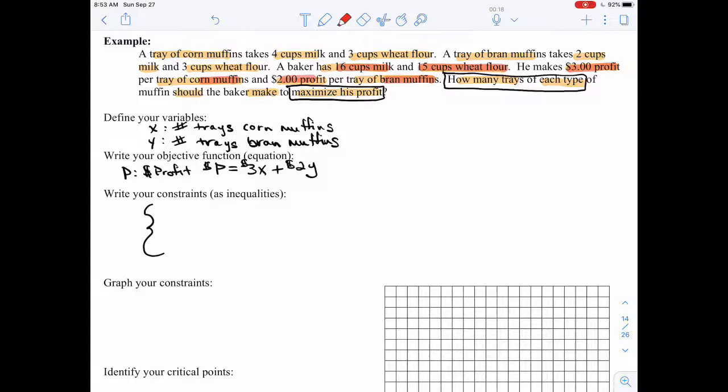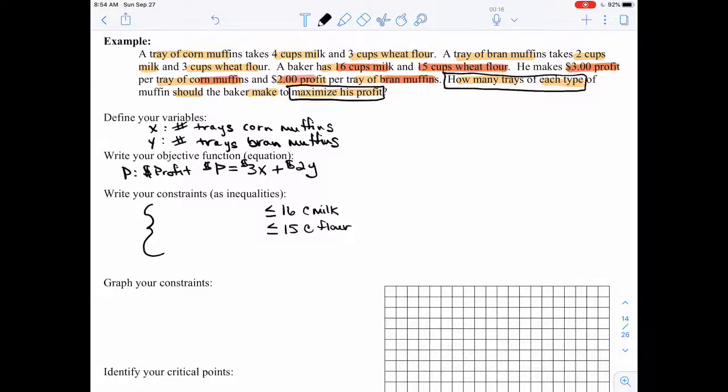So we're going to work backwards again. He can use no more than 16 cups of milk. And it's important to label these. Everything to the left needs to be talking about milk. And he could use less than or equal to up until 16 cups of milk because that is what he has for resources. He also has 15 cups of flour to use. He can use no more than that.